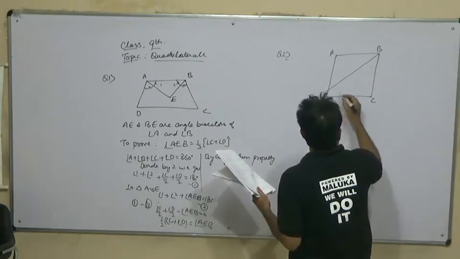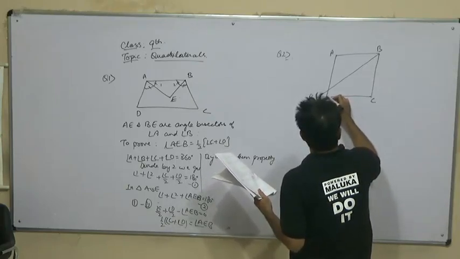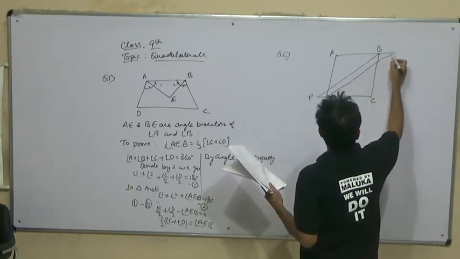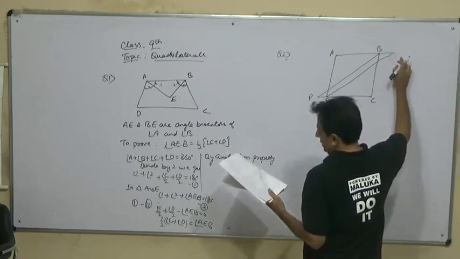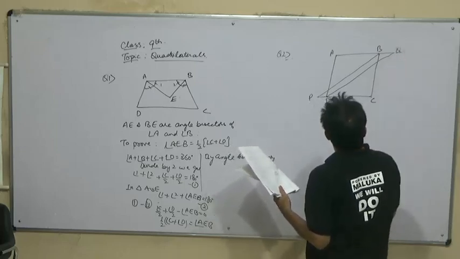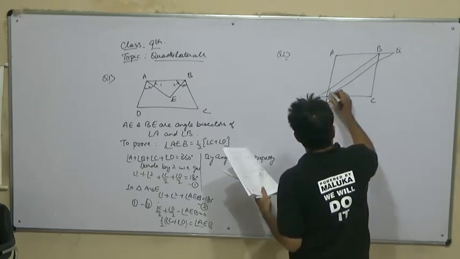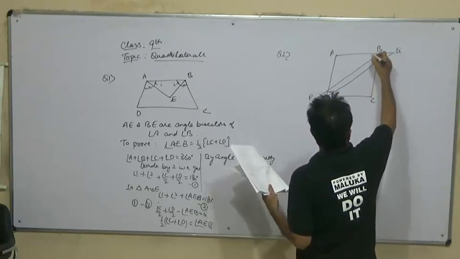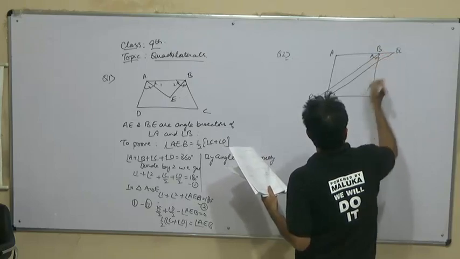And the bisector of angle D meets AB produced at Q. Here these are two equal parts, and this is the angle bisector of it.